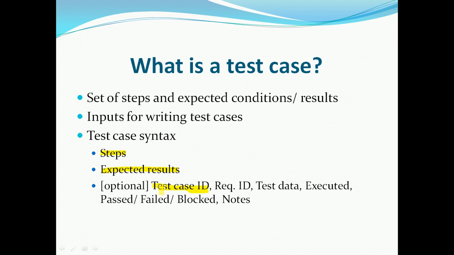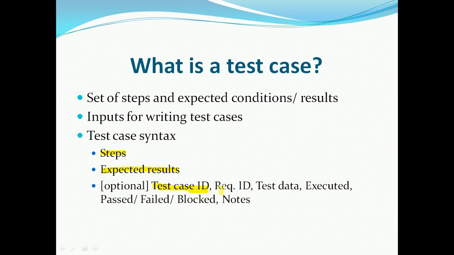In that case, a unique ID is assigned to every test case in order to reference it. So if you are talking to someone, you don't have to give the entire test case to the other person. You can just give the test case ID. So this is an optional thing that you can have in the test case.